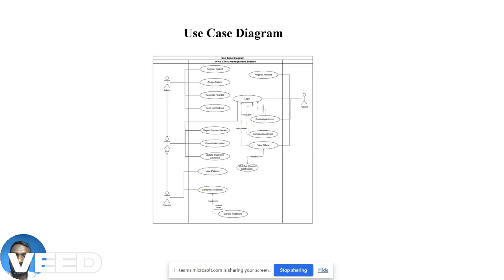This follows the DRY principle. We also added a relationship like include login, which means a user must log in before booking an appointment. We used extend cancel treatment for the case when a patient misses an appointment.